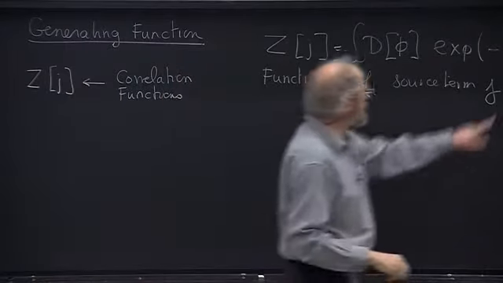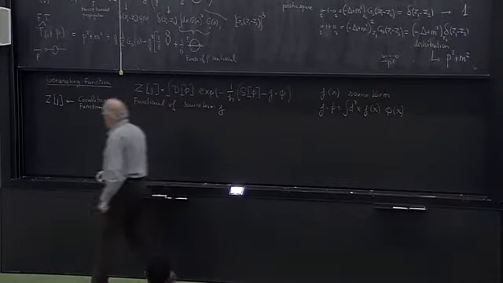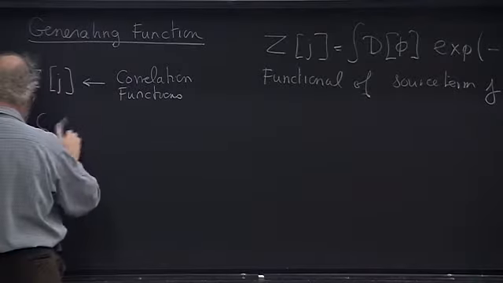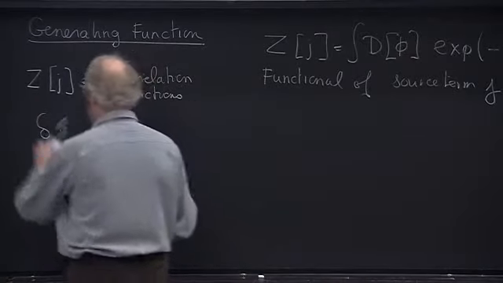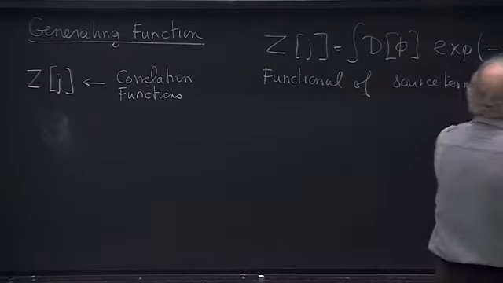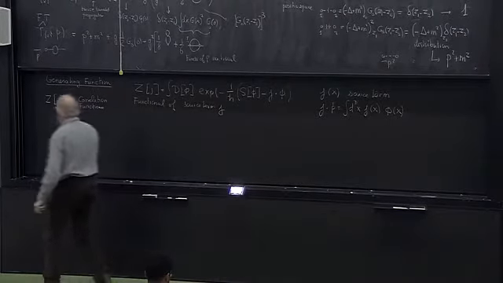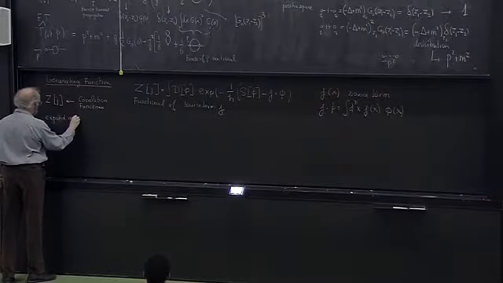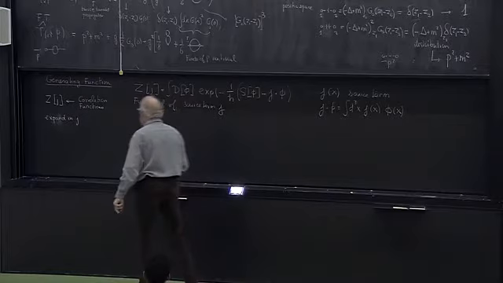Because, as we have seen, if we consider the functional derivative of Z with respect to g, we get some phi. So in other words, we can expand Z of g in g, and we get the correlation functions.